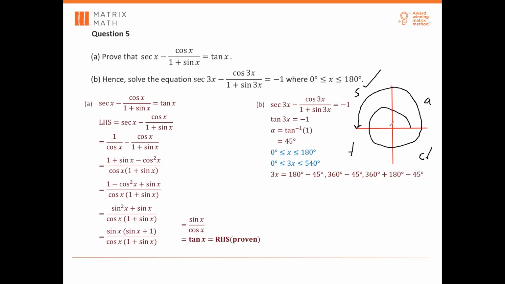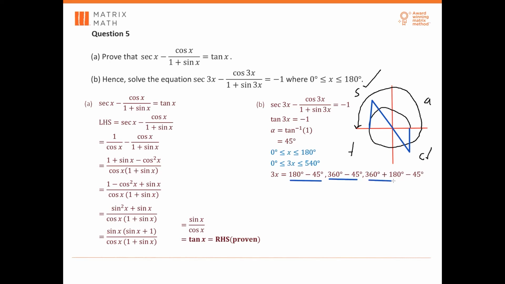Just take 180 minus 45. So let's draw a triangle for you straight away. Okay, so remember I told you the angle must stop at the hypotenuse, right? So it has to start hypotenuse, so it's 180 minus 45 and 360 minus 45. So that is these two.